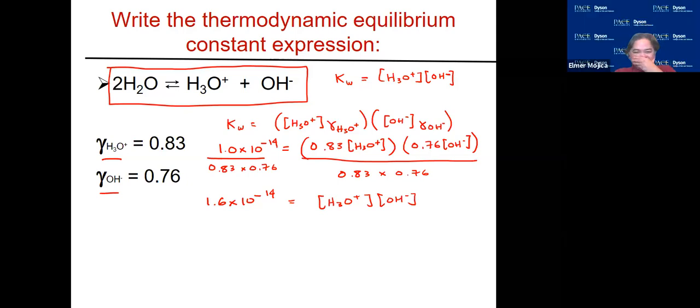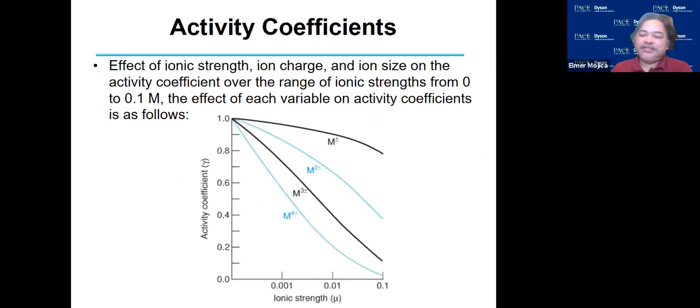Okay? So you see now the changes that happen if you express your concentration in terms of activity. Now the question is, how do we get these values? You have to take into consideration some factors that affect the activity coefficient.